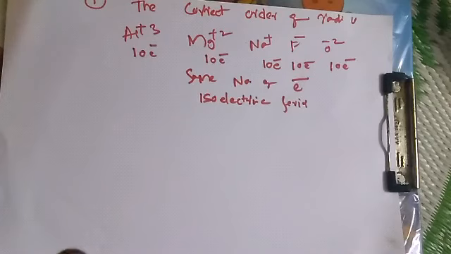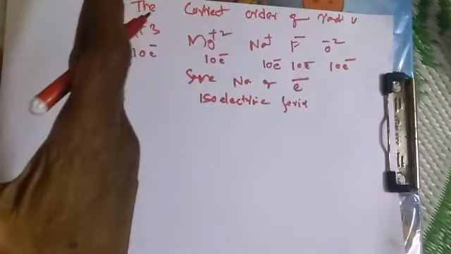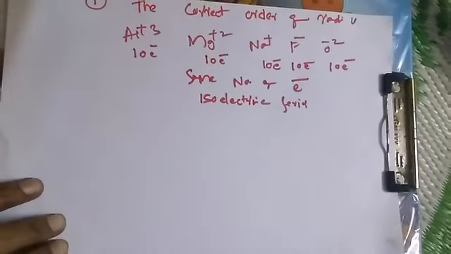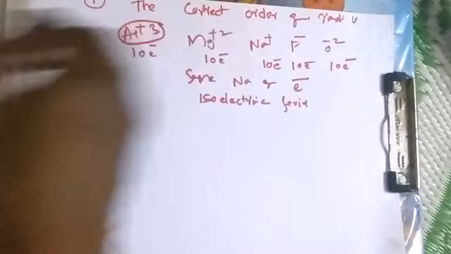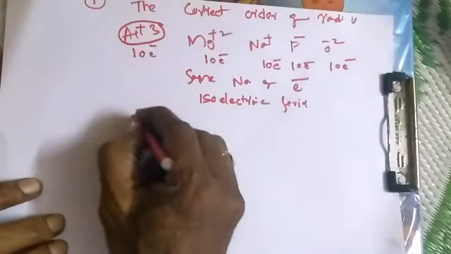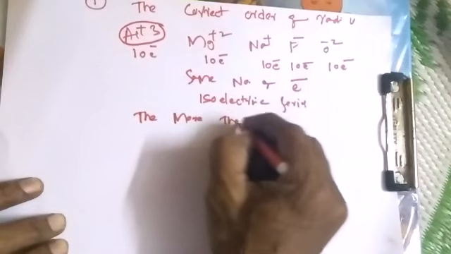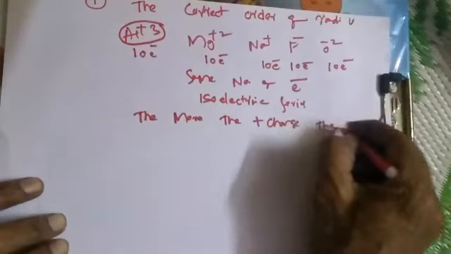In this context, the decreasing order is what they have asked. What do I have to mention first? You have a common phenomenon: the more the positive charge, the lesser the radius.